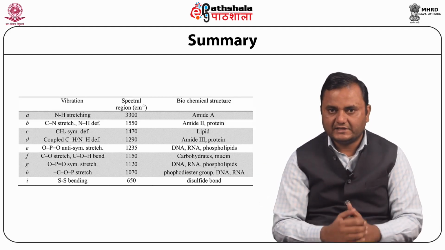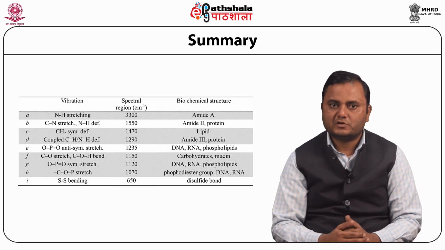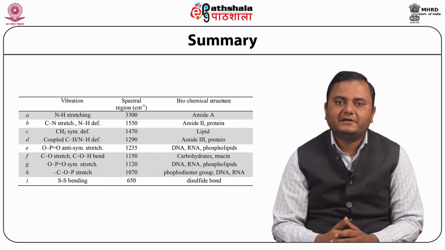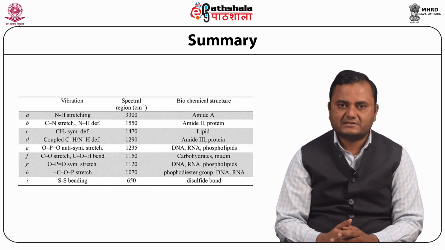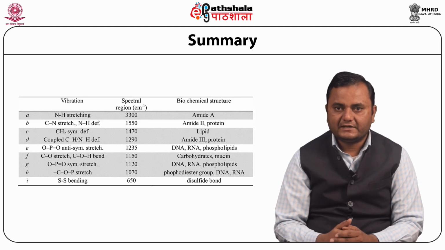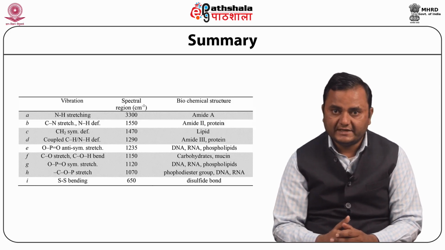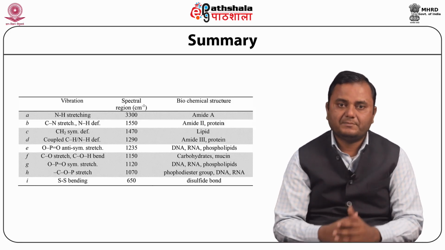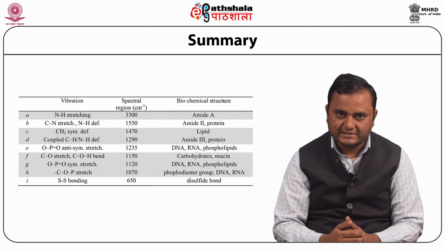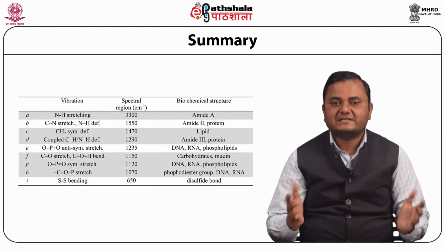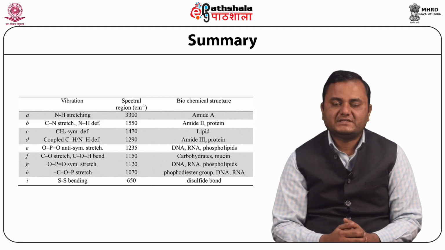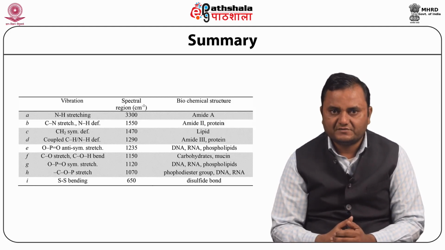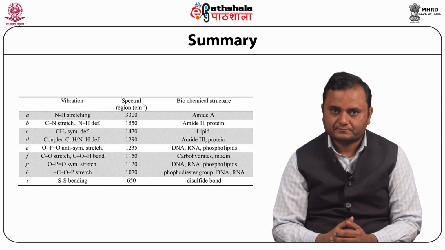But for DNA, RNA and phospholipids, because of OPO symmetric stretching, an intense peak at 1120 per centimeter is observed. In the case of the phosphodiester group of DNA and RNA, the COP stretching gives a band at 1070. But the disulfide bonds, because of sulfur bending, give a peak found in the spectral region of 650.